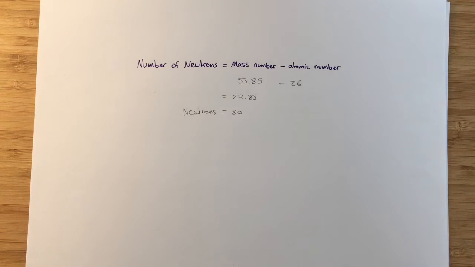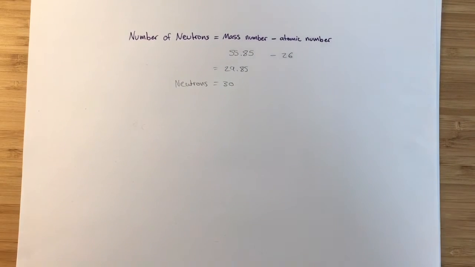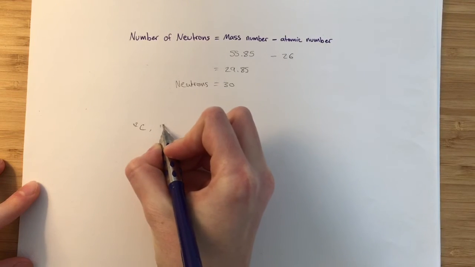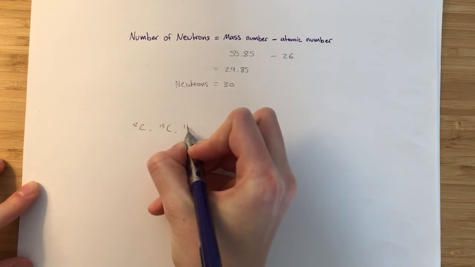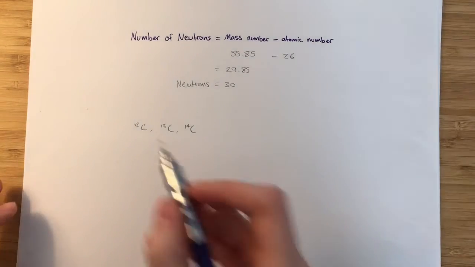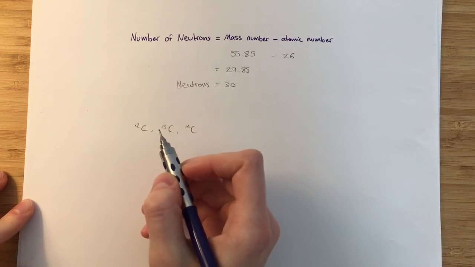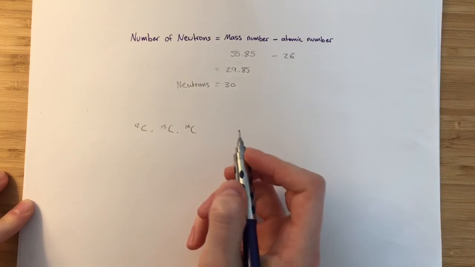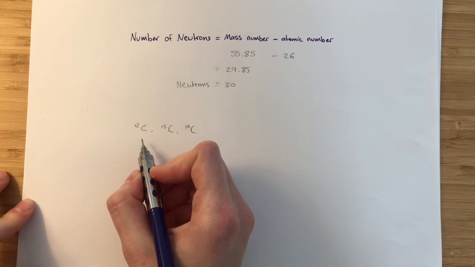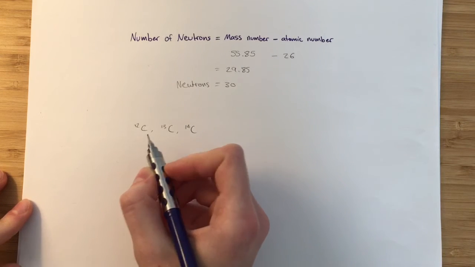Let's look at 3 isotopes of carbon. Now all these little numbers are the mass numbers for these different isotopes. So if the mass number is 12, we know that the atomic number for carbon is 6.